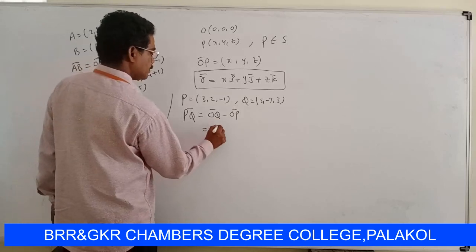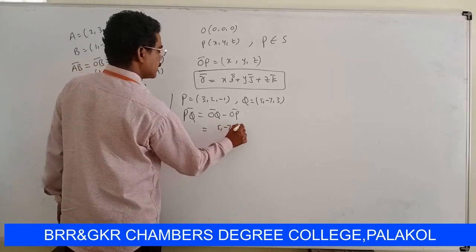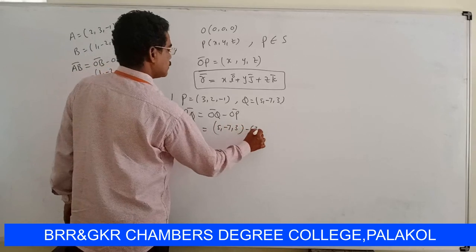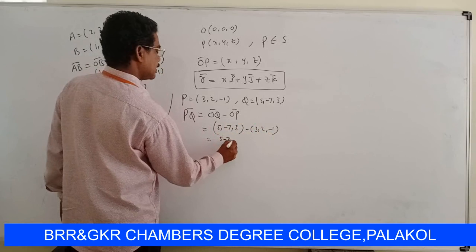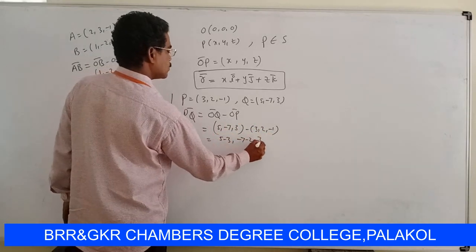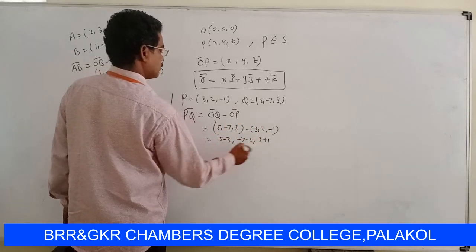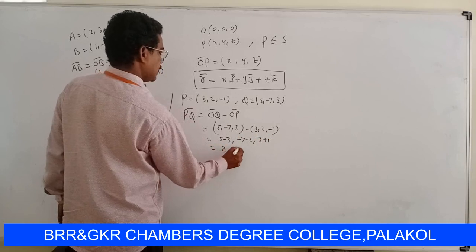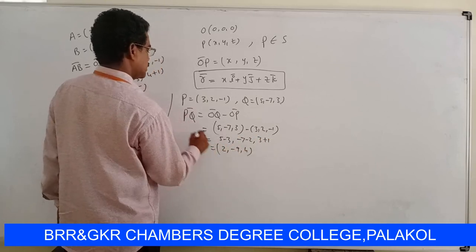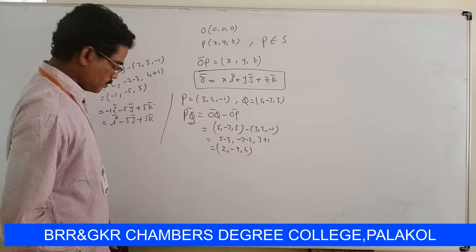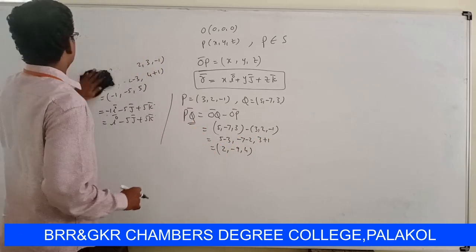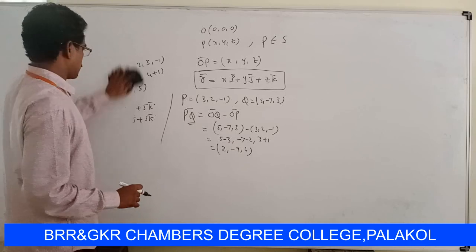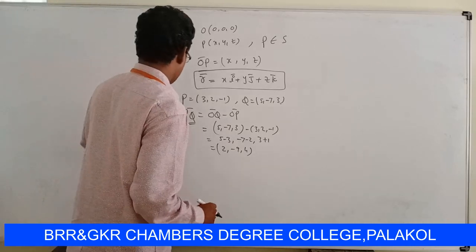That means (5, -7, 3) minus (3, 2, -1). That is 5 minus 3, -7 minus 2, 3 minus of minus 1. So finally (2, -9, 4). This is the vector PQ bar. So this is the concept of position vectors.